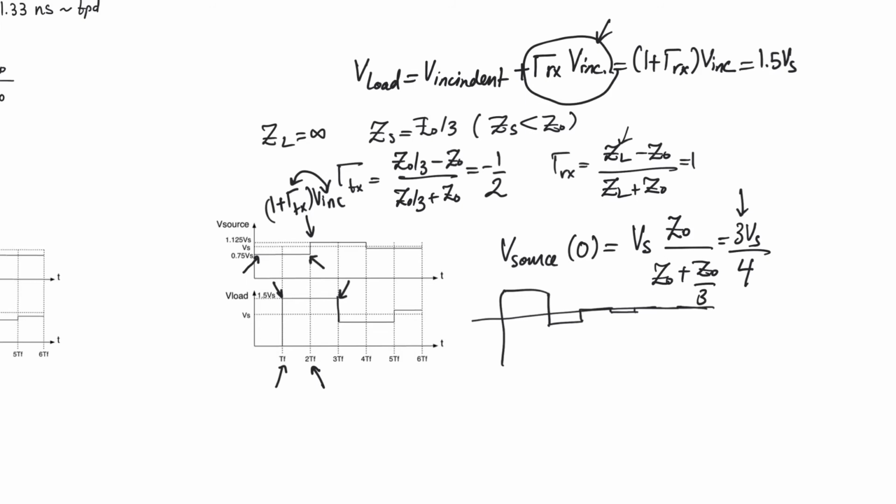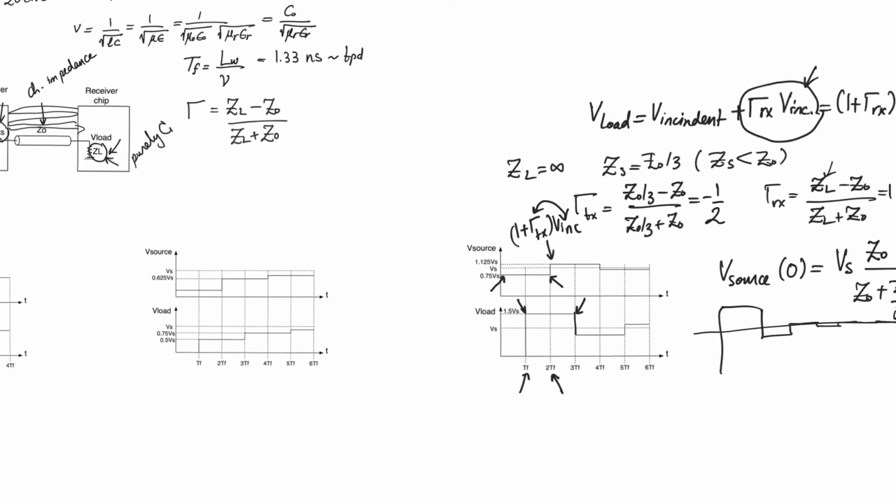It's multiple times of flight. How many multiples depends on how close to Vs you want the received signal to be. Within 1%, within 5%, you have to define it, but it's obviously multiple times of flight. And that's why we are afraid of reflections in transmission lines.